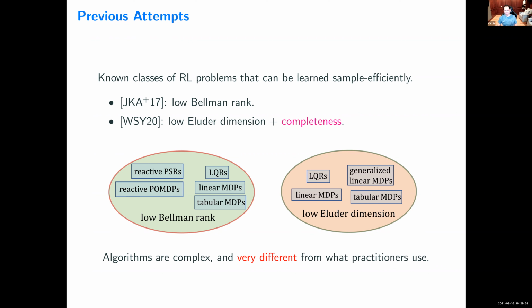Furthermore, their algorithms for solving those problems are specific and a little bit complicated. The second one is very specific, and the first one depends on a hypothesis elimination mechanism. Both are very different from what practitioners use, which is just optimization, minimizing the Bellman error, or this neural network type of thing.